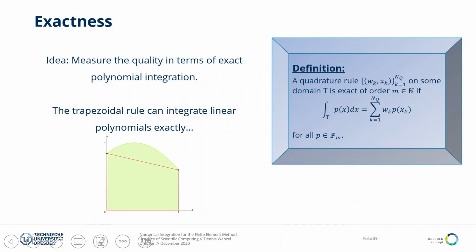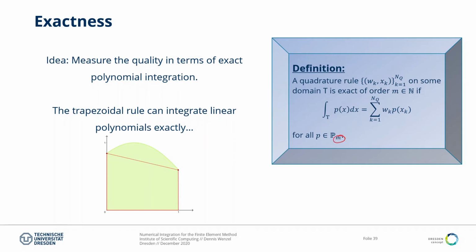And more in general, you can say that a quadrature rule with certain points and weights on a certain domain is called exact of order m, some integer number, if the integral over a certain polynomial function is equal to the numerical integration value for all polynomials up to a certain order.